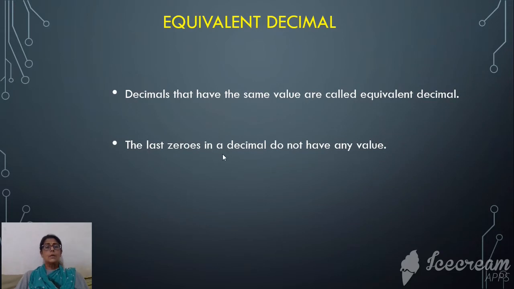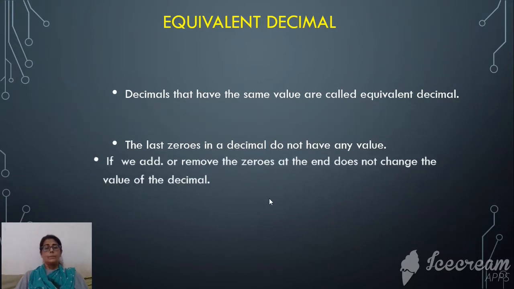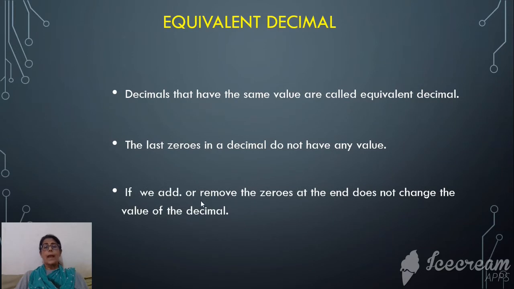The last zeros in the decimal do not have any value. If we add or remove zeros at the end, it does not change the value of the decimal.